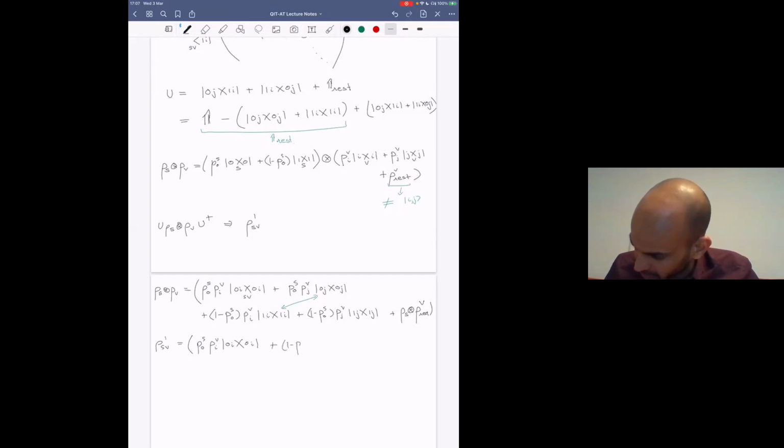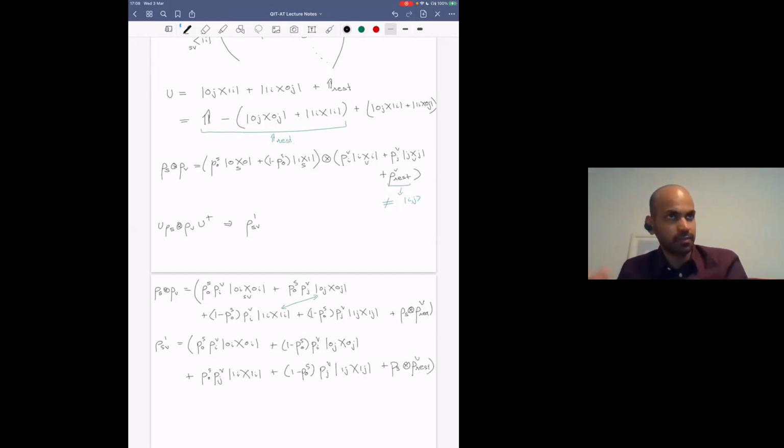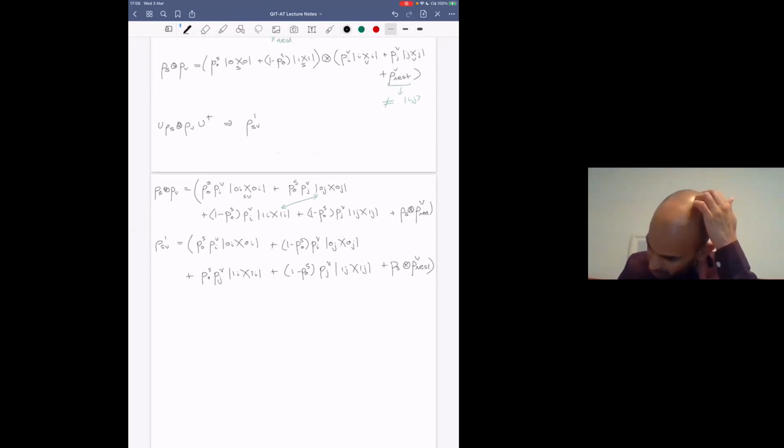This is now (1 minus P0S) PIV with the 0J, plus P0S PJV with the 1I, plus (1 minus P0S) PJV 1J, plus rho S tensor rho V on the rest. So that's the final state, and this is something you can verify by multiplying these matrices through.